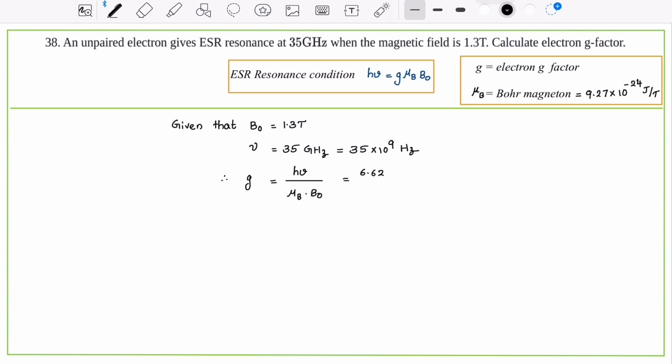Therefore, g is 6.626 × 10^-34 × 35 × 10^9 divided by 9.27 × 10^-24 × 1.30. That is, the electron g factor is 1.90.